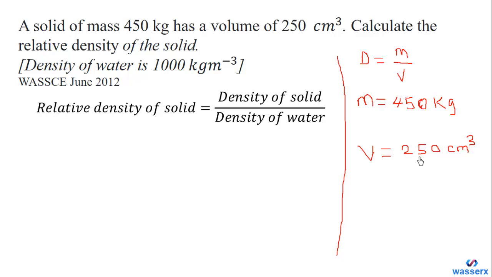By doing that, we need to divide this by 10 exponent 6. So we have the volume V equal to 250 over 10 exponent 6 meter cube.